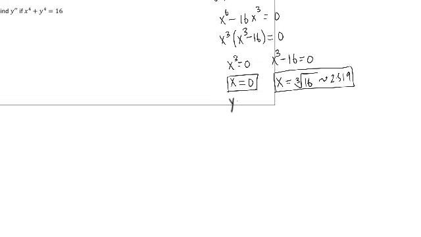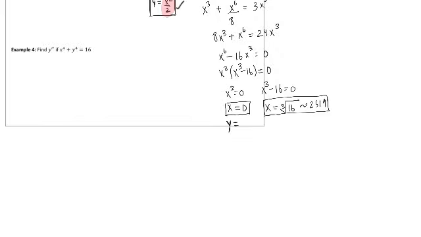The y we know, remember, y is equal to x squared over 2 is what we were using. So y here would be 0, and y here would be 16 to the 1/3, the cube root of 16, squared, over 2. So it would be 16 to the 2/3 divided by 2, and you could find a number for that in your calculator.